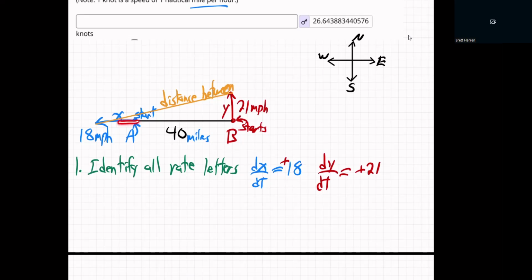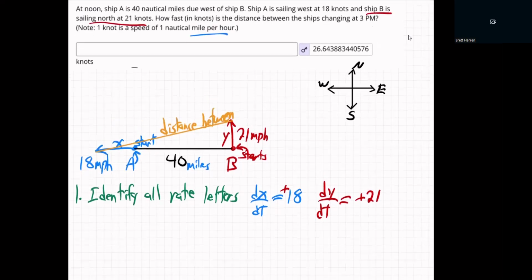Because ship A is headed this way and ship B is headed that way. If this is an overhead video and we're watching, ship A starts here, ship B starts there, and ship A starts heading this way and ship B starts heading that way. We freeze the video. Right now, how far apart are they? Well, it's that line right there. That's the distance between A and B ships.